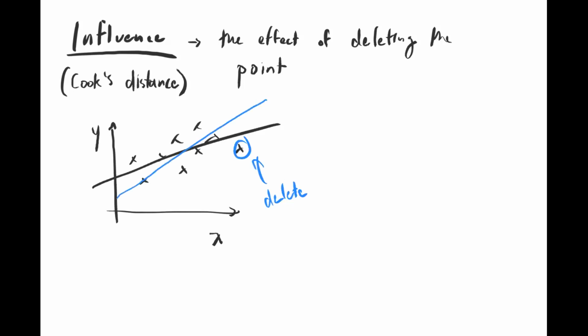And that's going to have some sort of effect. And so here, Cook's distance is the one that's good for identifying outliers in the y direction.